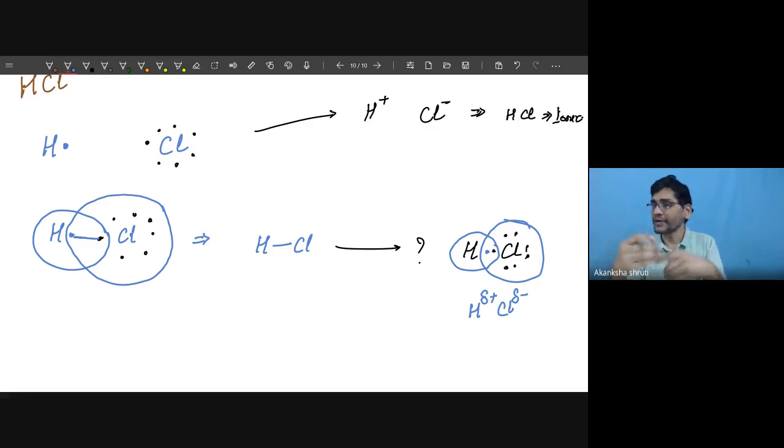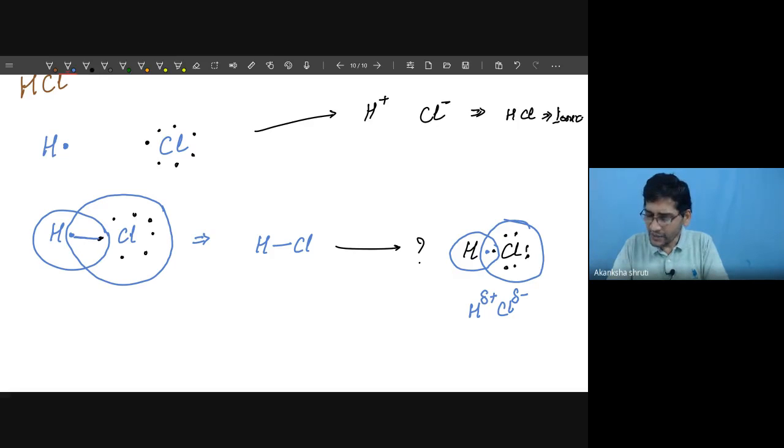So there is more ownership by that person. It is like that. Though the electron is shared, chlorine has a dominant effect. So while the chlorine has more domination over the shared electron of hydrogen, it will gain some negative charge.